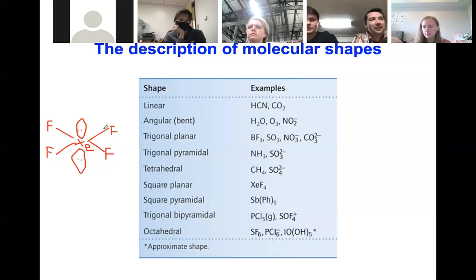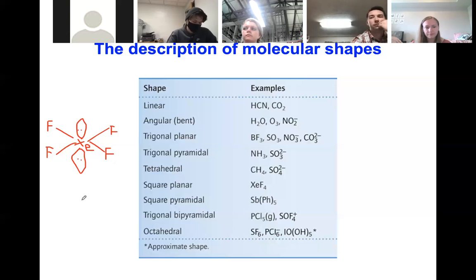If you switch a fluoride with a lone pair, these 2 lone pairs will have a 90-degree angle, and you will have increased lone pair repulsion. Does that make sense? That's why we place 4 fluorides in the equatorial plane and 2 lone pairs at the axial positions, to minimize repulsion and make this geometry more stable. So that's the most stable geometry for xenon tetrafluoride.